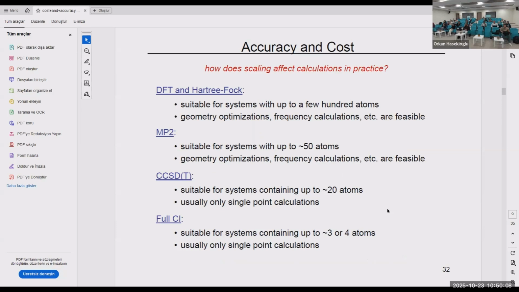CCSDT is suitable for systems containing up to 20 atoms, and usually only single point energy calculations are conducted with it. Then using that result, you can do geometry optimization, for example. And full CI is suitable for systems containing only 3 to 4 atoms right now. Usually only single point calculations are conducted using full CI.